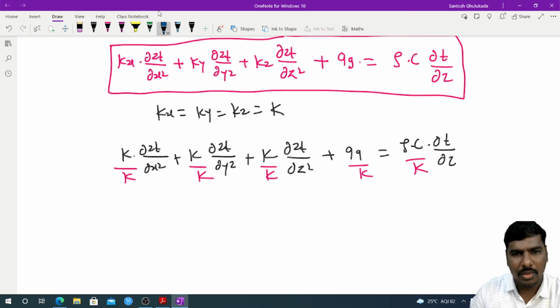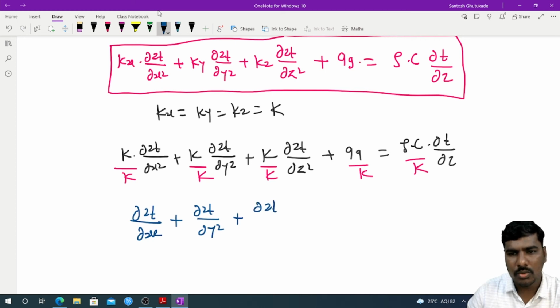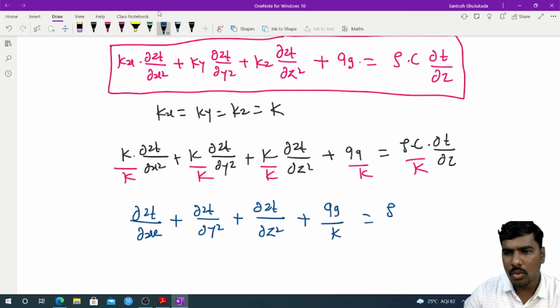Now this equation becomes ∂²T/∂x² plus ∂²T/∂y² plus ∂²T/∂z² plus qg by k is equal to rho c by k into ∂T/∂tau.